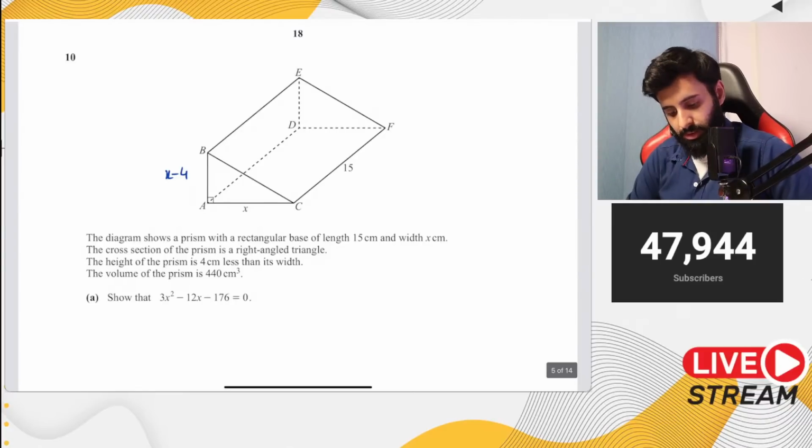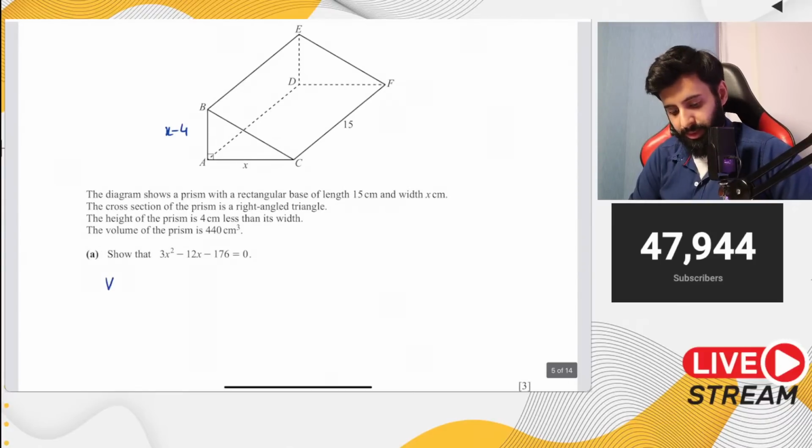I hope you know the formula for calculating volume of a prism. It's area of cross section multiplied by length.